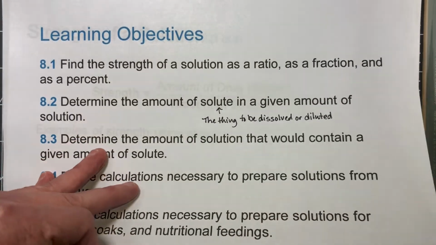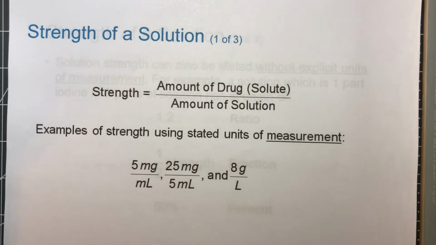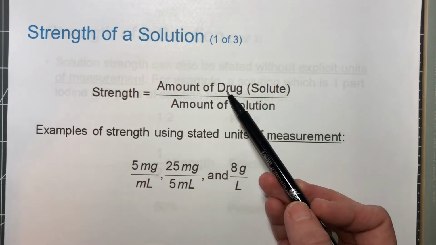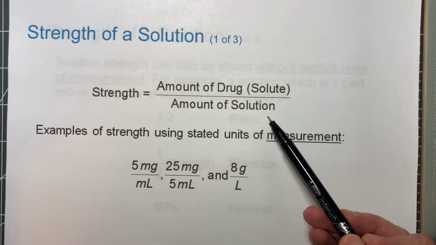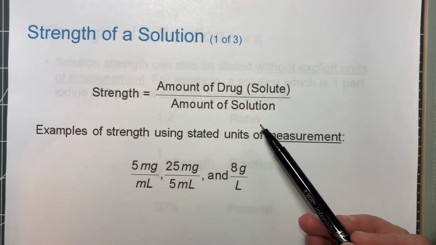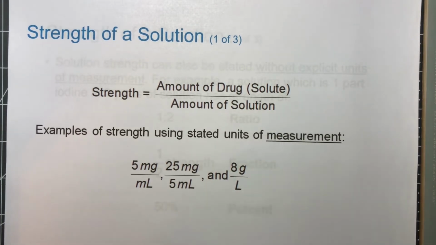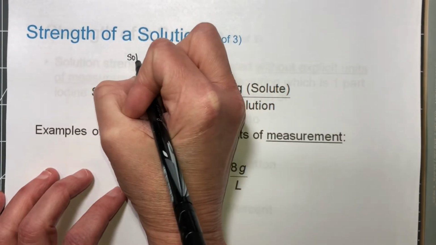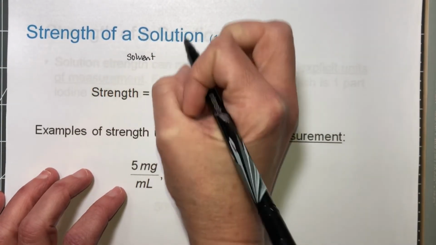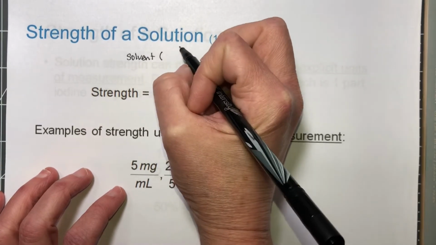Okay? All right, so how do we find the strength of a drug? Okay, it's always the amount of the drug, which is the solute, and the amount of solution. Now, what we're going to be mixing things with to create our solution, that's called the solvent, which is also called the diluent.